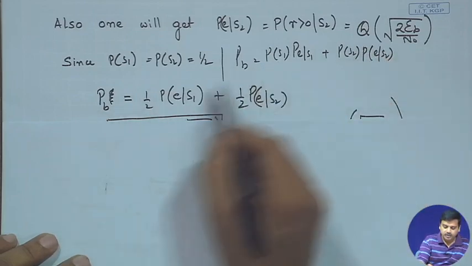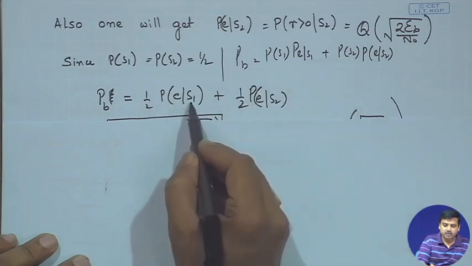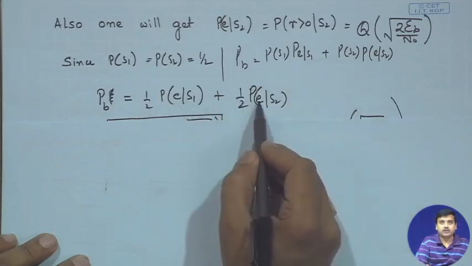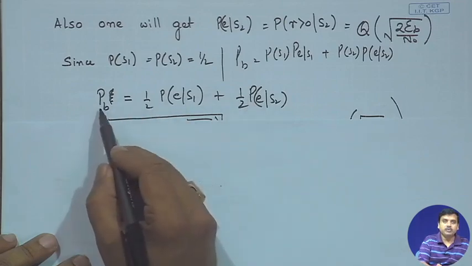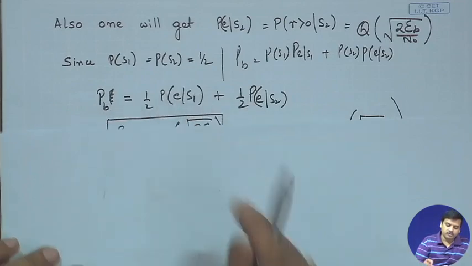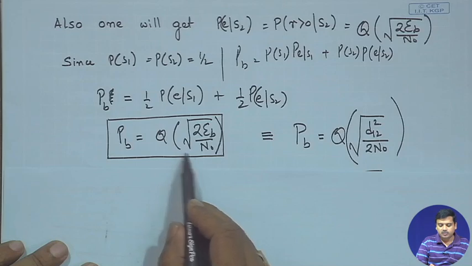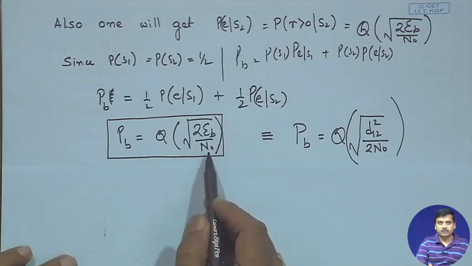P of S1 is half, P of S2 is half, and P of E given S1 is the same as P of E given S2. Therefore, PB is equal to P of E given S1, which is Q of root over 2 EB by n naught.